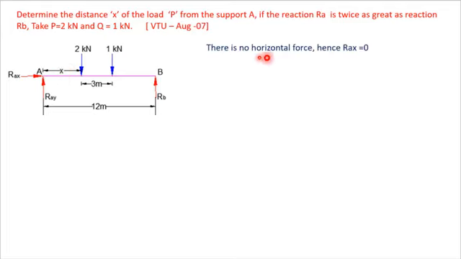There is no horizontal force, hence Rax must be equal to 0. And the second condition is Ra must be equal to 2 times Rb. So first we apply summation of Fy equal to 0. Then I have Ra plus Rb minus 2 minus 1.